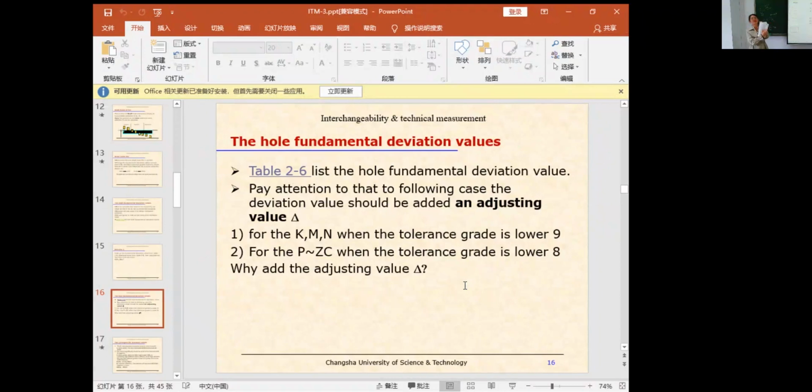So you add 6. So minus 26. Yes, minus 26. You chose the wrong one. This is the right position.